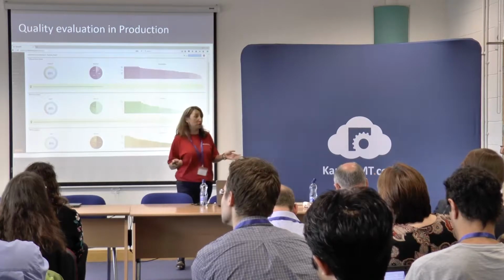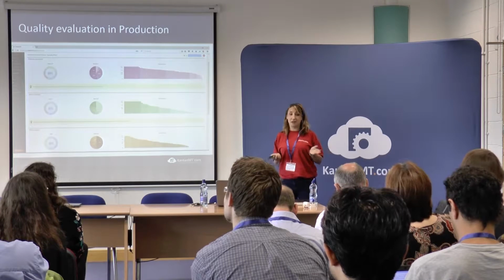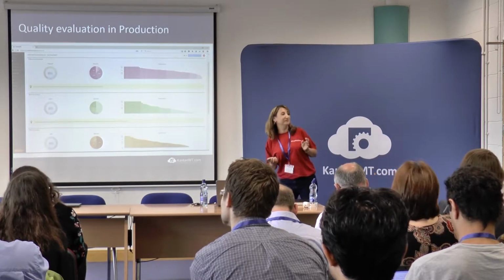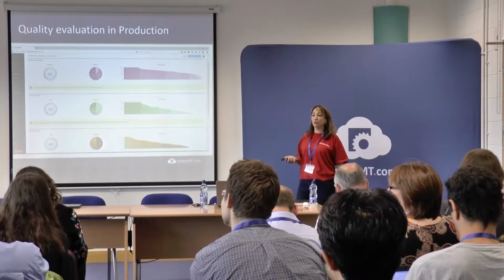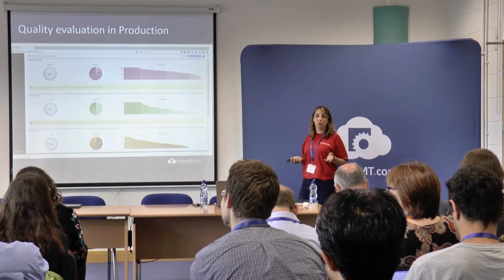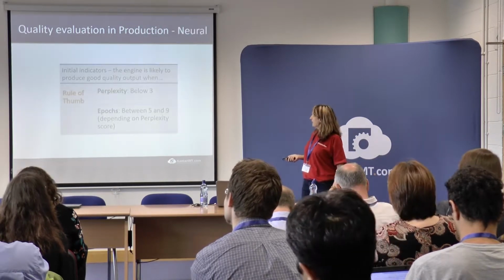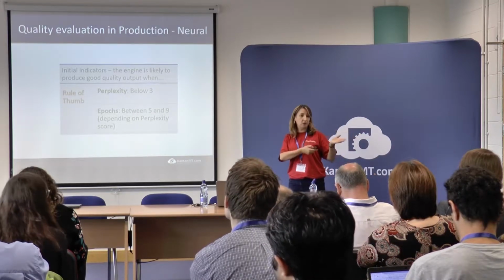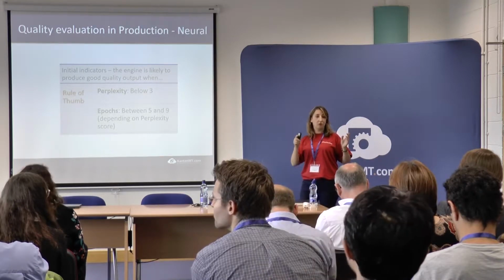Okay? But of course now we have NMT, and as Dimitar has said, NMT and BLEU score don't really, how can I say, dance the same dance? So we have to introduce something else to evaluate our initial engines. The indicators are still the automatic scores that we use, but we have a question mark over them.